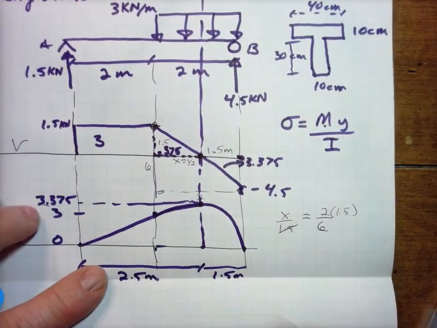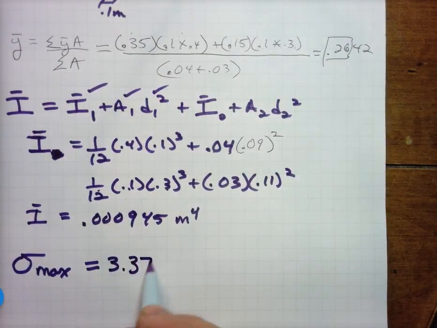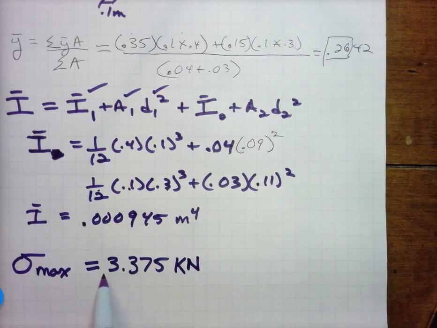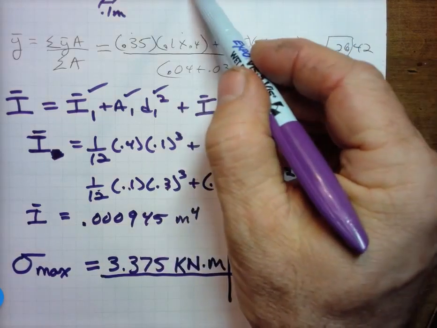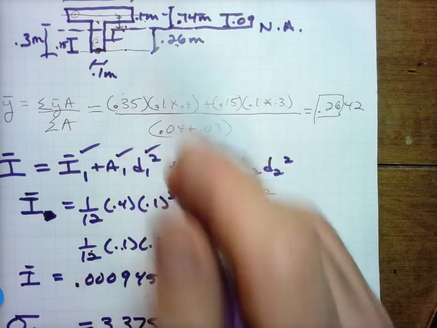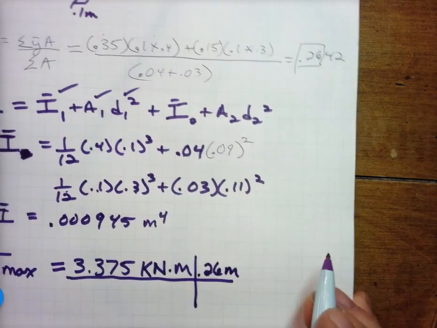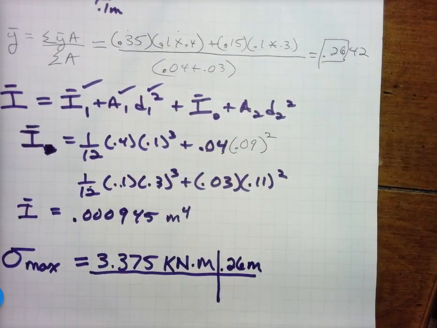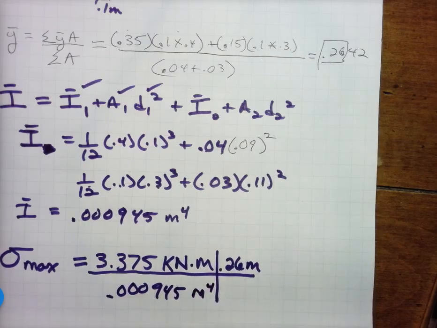And the maximum moment is 3.375 kilonewton meters, times where y is the max, and the maximum y we got was 0.26 meters from the neutral axis to the furthest point, divided by I for the whole cross section, which is 0.000945 meters to the fourth.